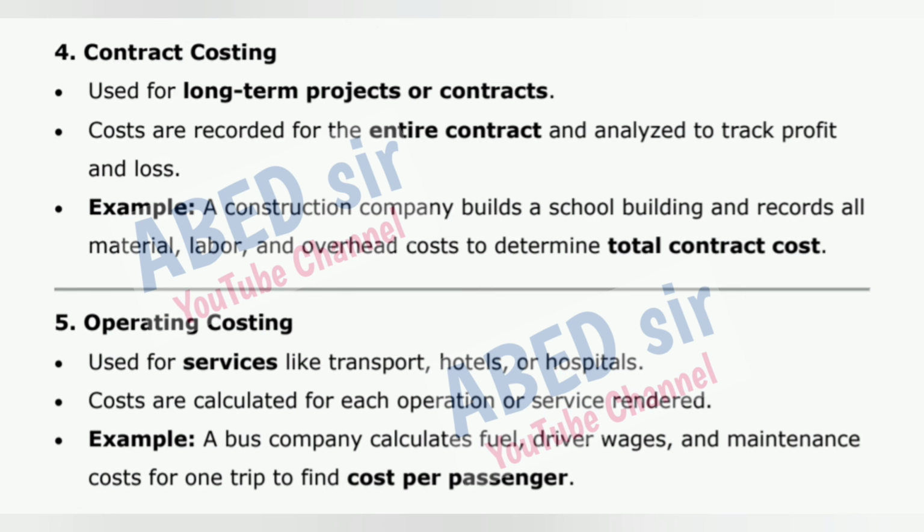5. Operating costing. Used for services like transport, hotels, or hospitals. Costs are calculated for each operation or service rendered. Example, a bus company calculates fuel, driver wages, and maintenance costs for one trip to find cost per passenger.